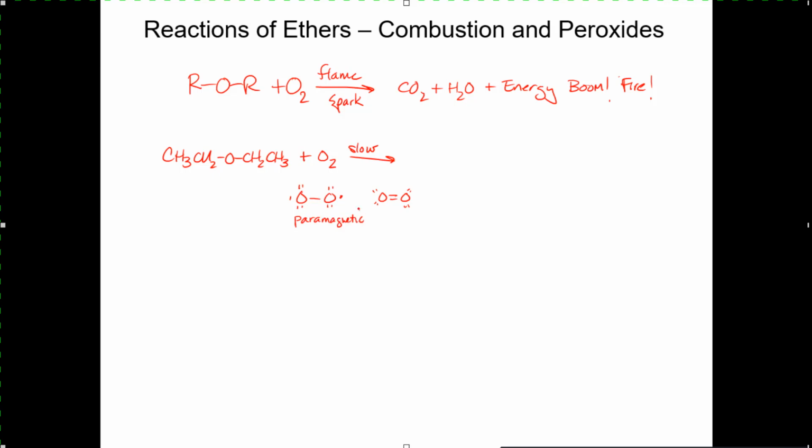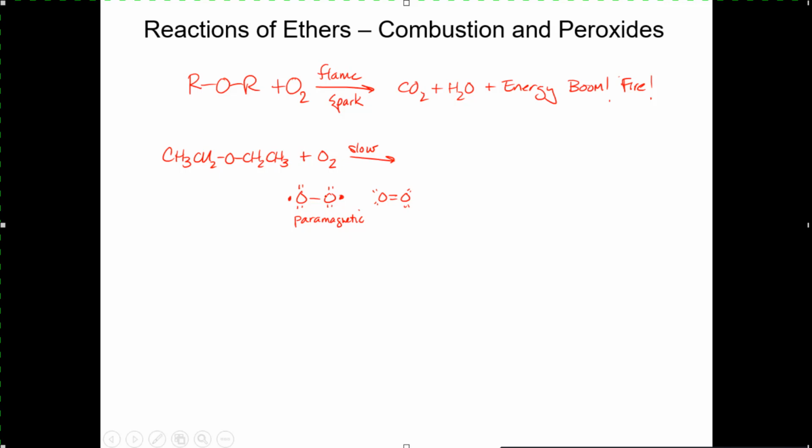If you look on YouTube, you'll probably find a video of people pouring liquid oxygen through the poles of a magnet. You can see the liquefied oxygen is attracted to the poles. That means it's paramagnetic, which means it has unpaired electrons. So oxygen has this basically diradical form.